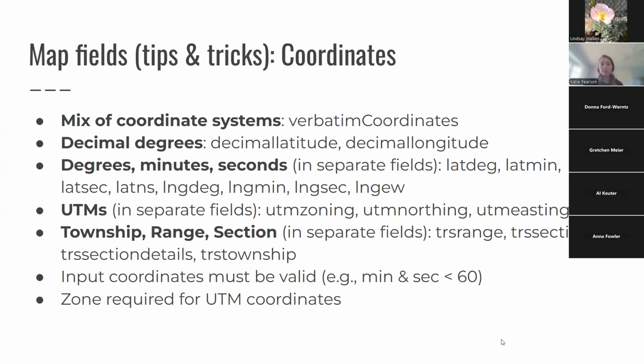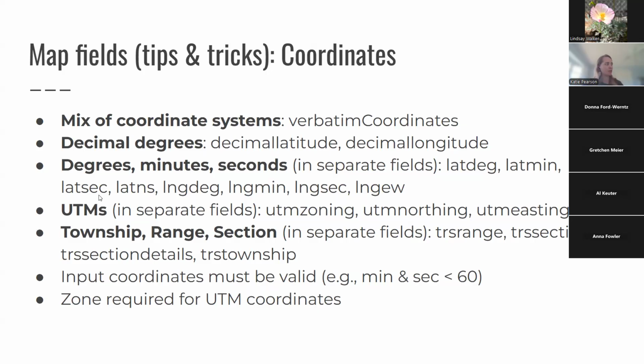Okay, and then coordinates, there's lots of ways you can enter coordinates. There's verbatim coordinates, decimal latitude and longitude. If you have degrees, minutes, seconds in completely separate fields, there are fields for those. If you have UTMs, then those can be put in separate fields. If you have township range section, those can be mapped, but they do all need to be in their own fields.